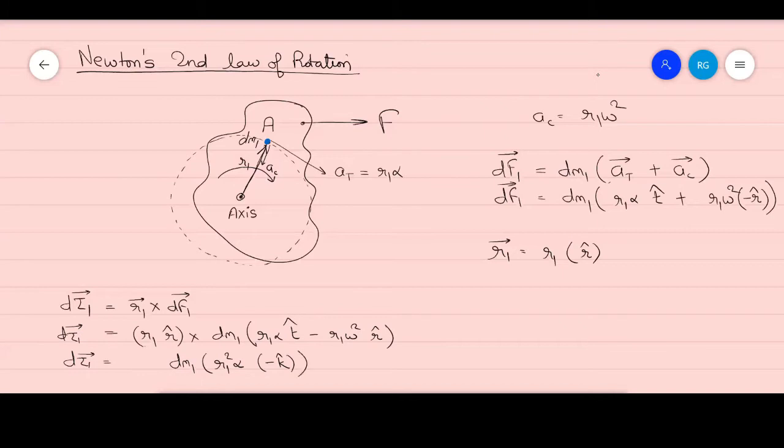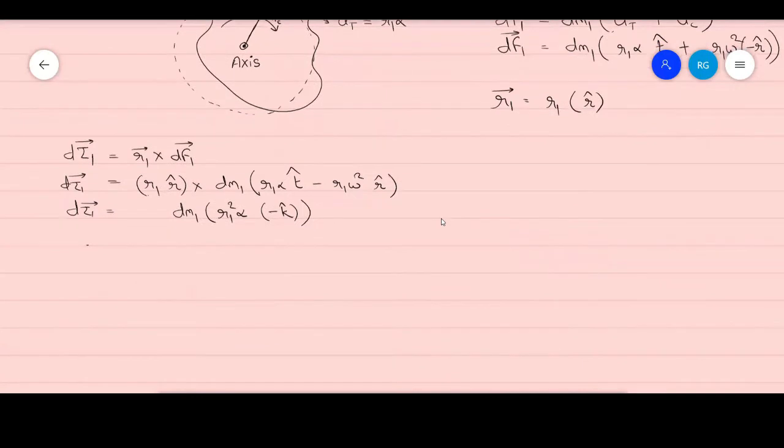So the only torque we get is d tau 1 equal to dm1 r1 square alpha and minus k, which simply represents that it is along the clockwise direction.